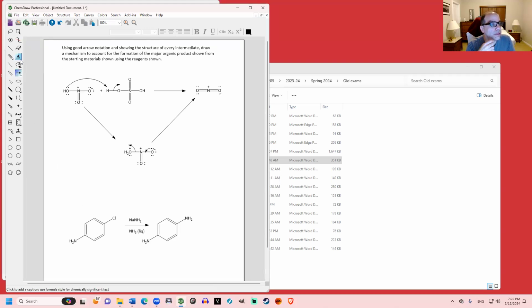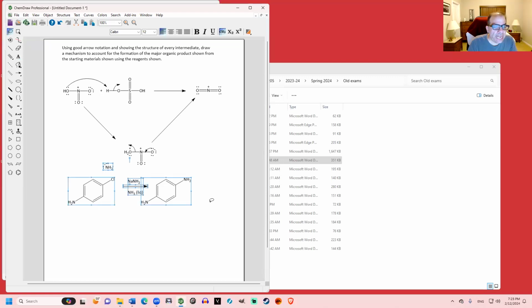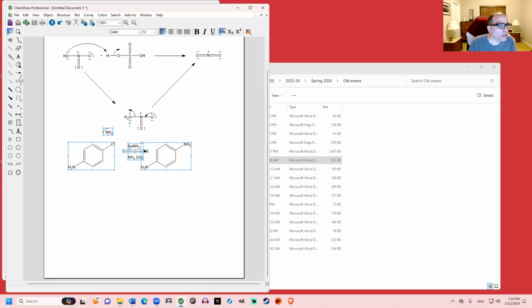So we start the reaction with NH2- adding to the carbon that bears the halogen.